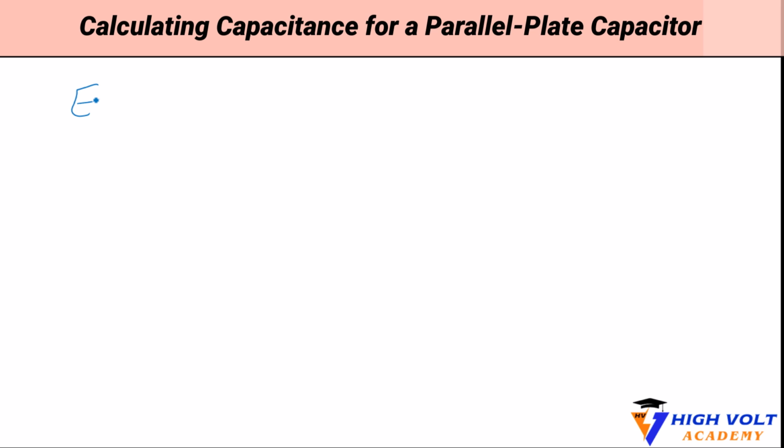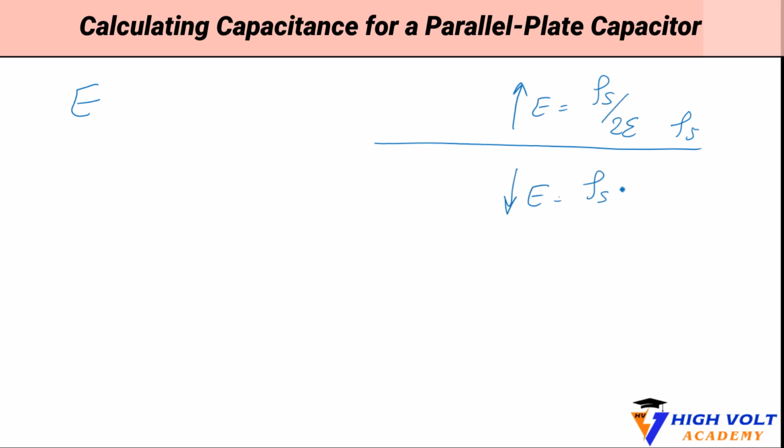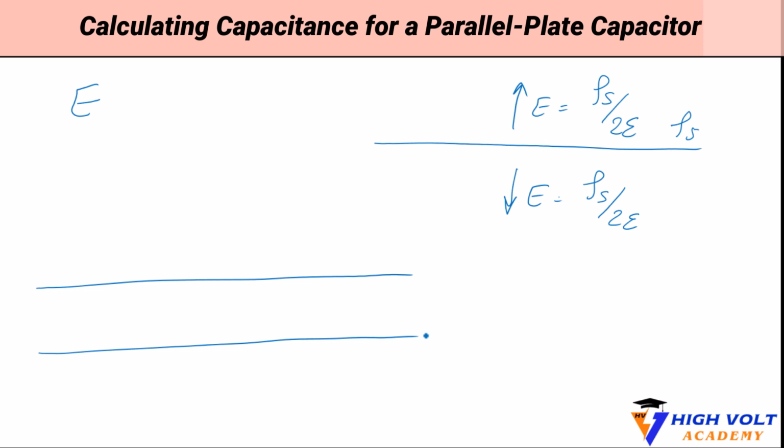According to Gauss's law, if we have an infinitely large conductive plate with a rho S charge density on it, the electric field around this plate equals rho S divided by 2 epsilon on each side. Now suppose that we have two parallel plates for a parallel plate capacitor.